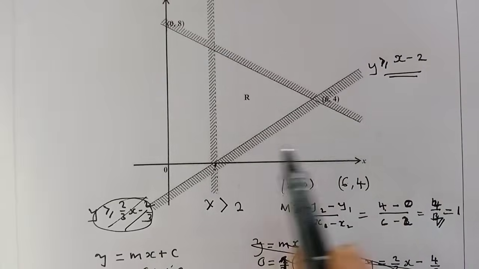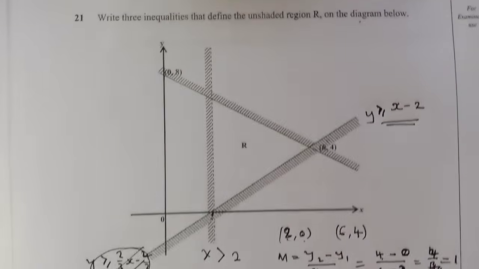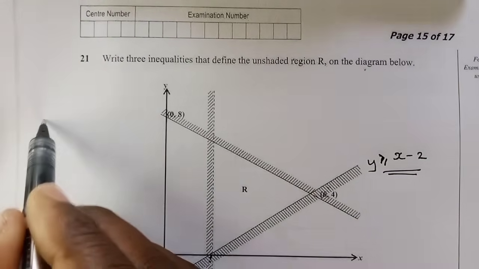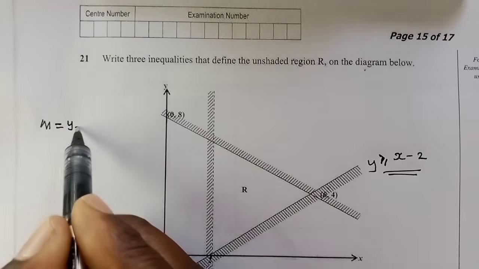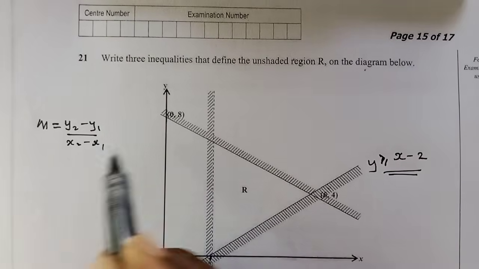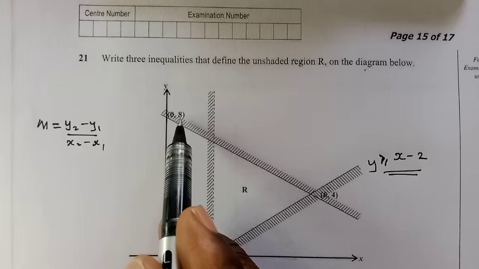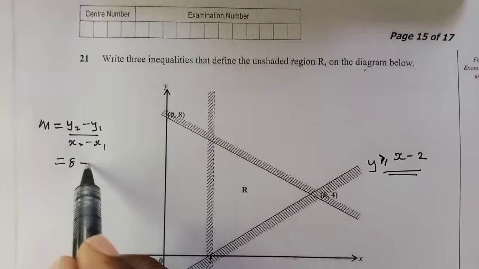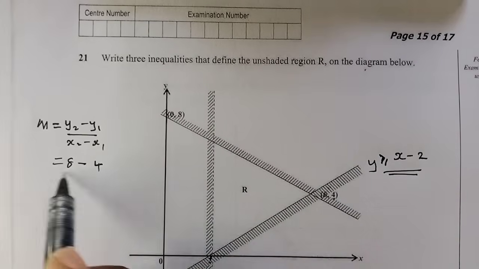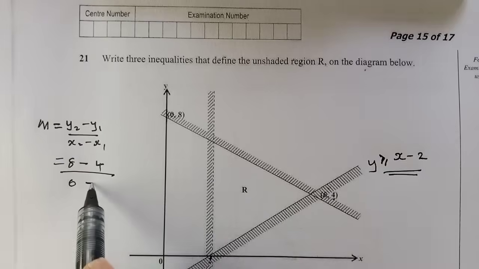We go to the other one, which is this one here. So for this one, we can use the same method, find the gradient. So here we can say 8 minus 4, I'm using these points, over 0 minus 6.